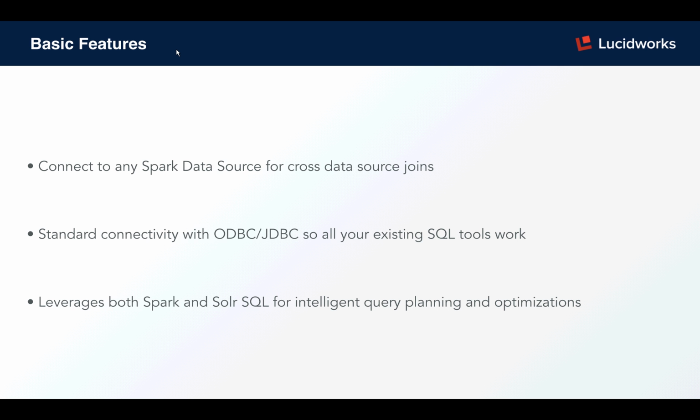I can have Solr rank or sort this data very fast, very efficiently, filter it down, and then feed it up into my Spark engine where I'm going to do more expensive iterative calculations. And so underneath all of that stuff is baked into the Spark Solr Fusion capabilities. So those are some of the basic features.